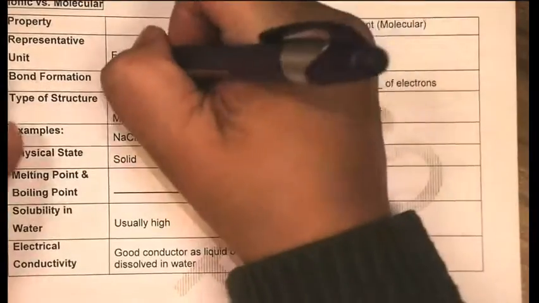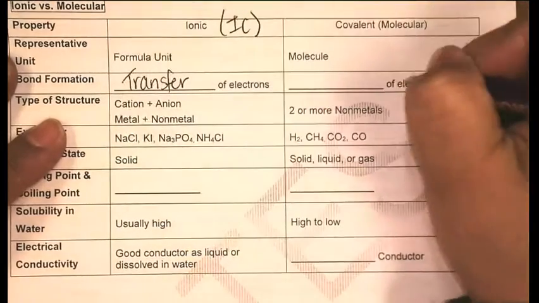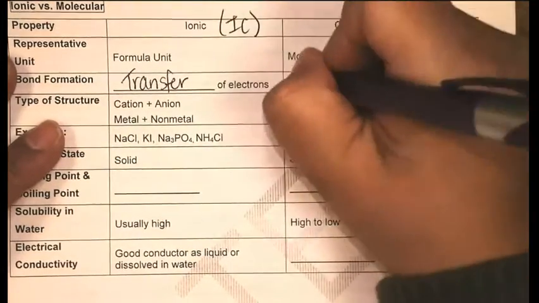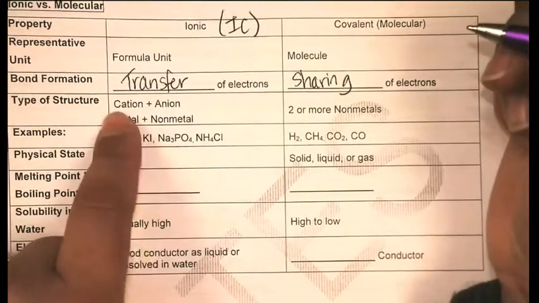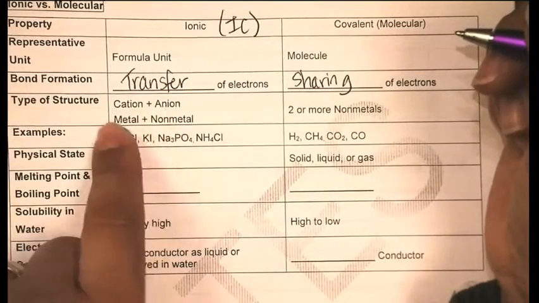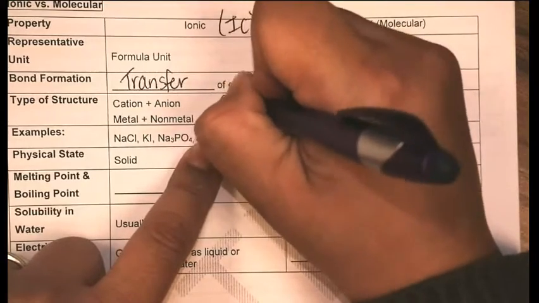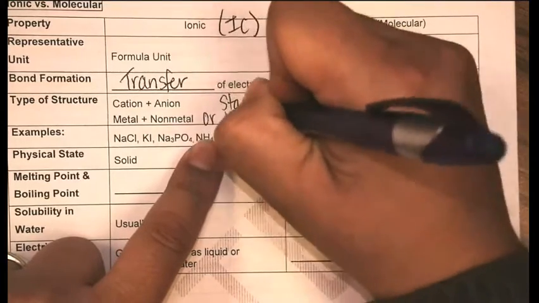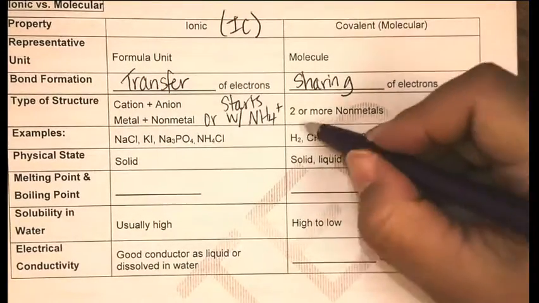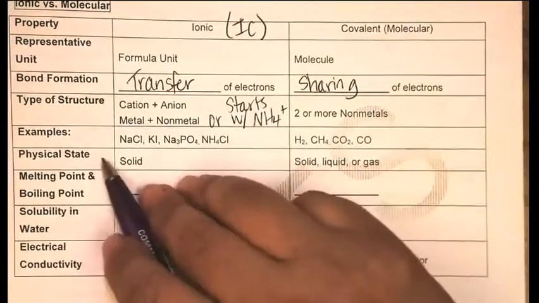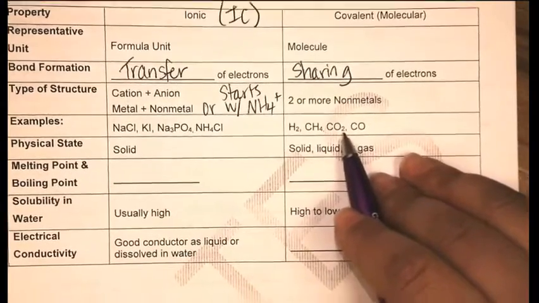When it comes to an ionic compound, it's a complete transfer of electrons, and over here, it's a sharing of electrons. An ionic compound is cation plus anion, metal plus nonmetal, or starts with NH4 plus. And covalent is 2 or more nonmetals together. Here are some good examples of the two.